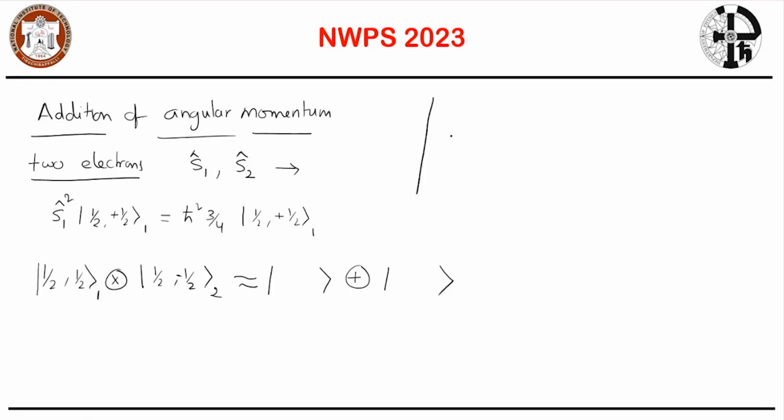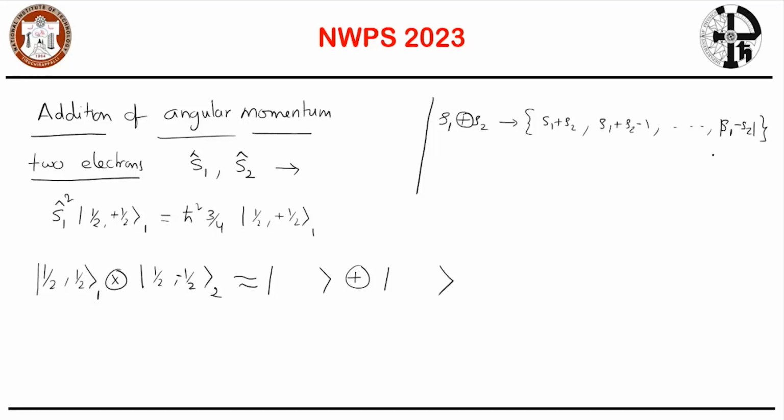Suppose someone tells you the eigenvalues for spins are S1 and S2. If you add two spins, possible values are S1 plus S2, S1 plus S2 minus 1, in steps of 1, you go up to modulus of S1 minus S2.